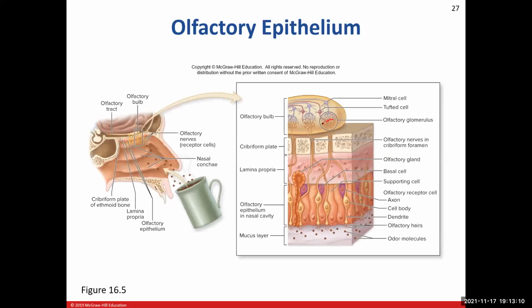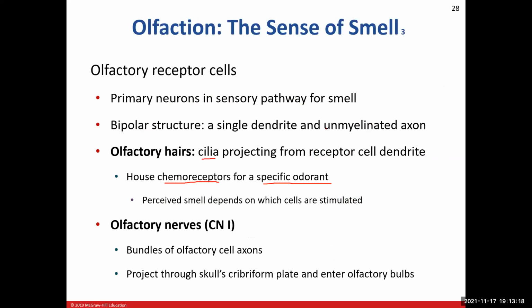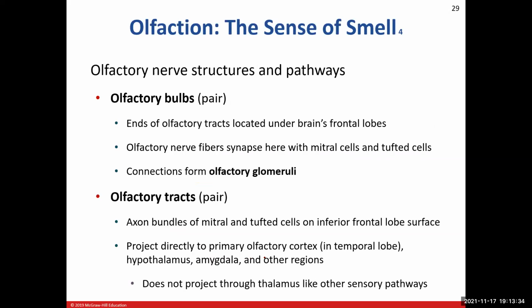All of this is our olfactory neuron, or nerve, I should say. All of those. So basically, when we talk about the olfactory nerves, we're talking about all of those axons there that are traveling through the cribriform plate and going to synapse in the olfactory bulbs.